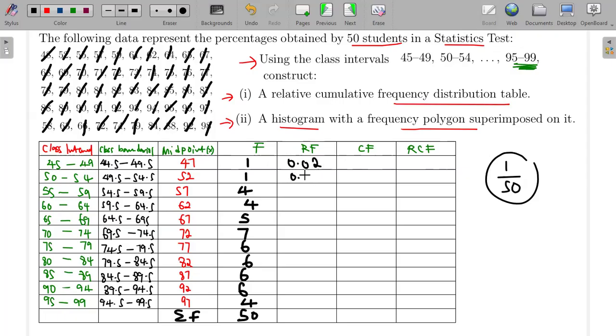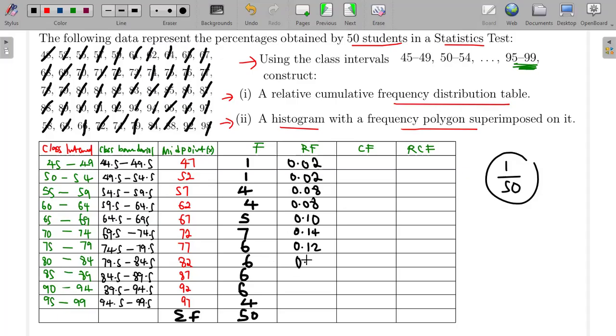Even here 0.02. 4 divided by 50 gets 0.08. 4 again gets 0.08. 5 divided by 50 gets 0.10. 7 divided by 50 is 0.14. 6 divided by 50, I get 0.12.